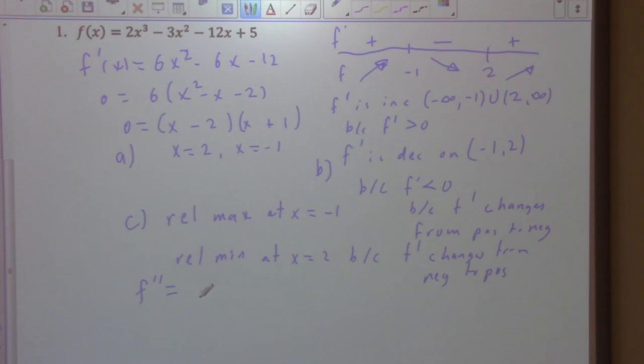F double prime is what? Take f prime, what's f double prime? 12x minus 6. So 12x minus 6. Set that equal to 0. So x is equal to what? 1/2. Yeah, 1/2.